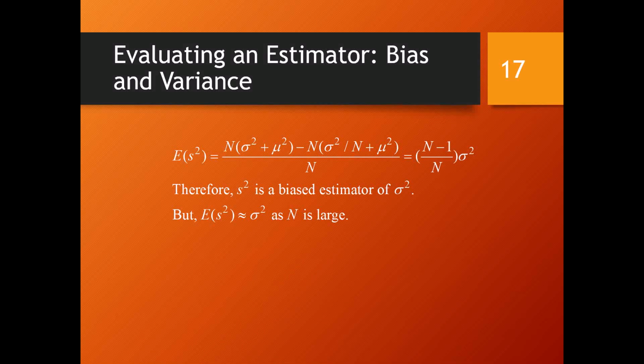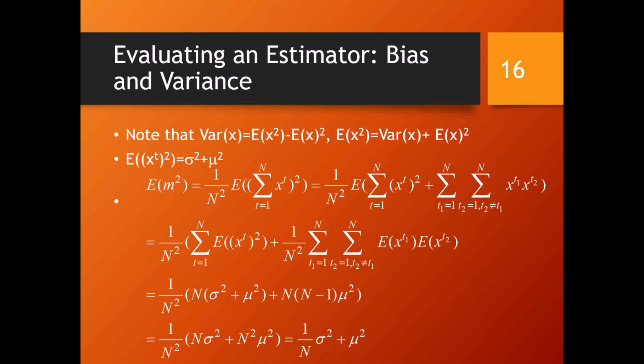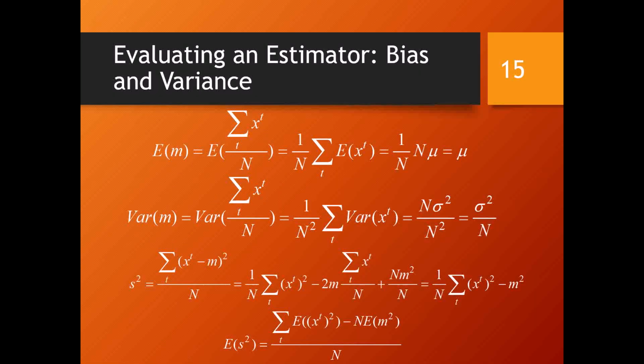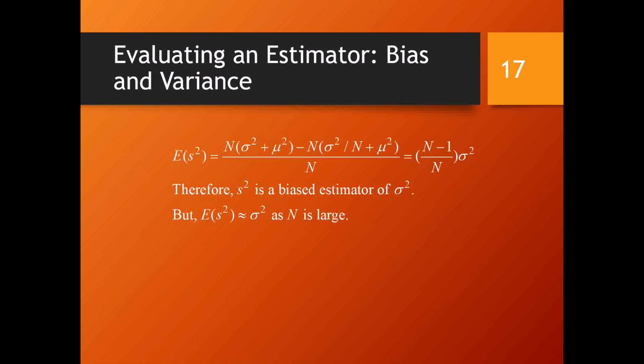Then we do some calculation. We will have n minus 1 divided by n times sigma squared. So you will see the expectation of s squared, from the calculation here, is equal to n minus 1 divided by n times sigma squared. Unfortunately, this is not exactly equal to sigma squared. We have n minus 1 divided by n.